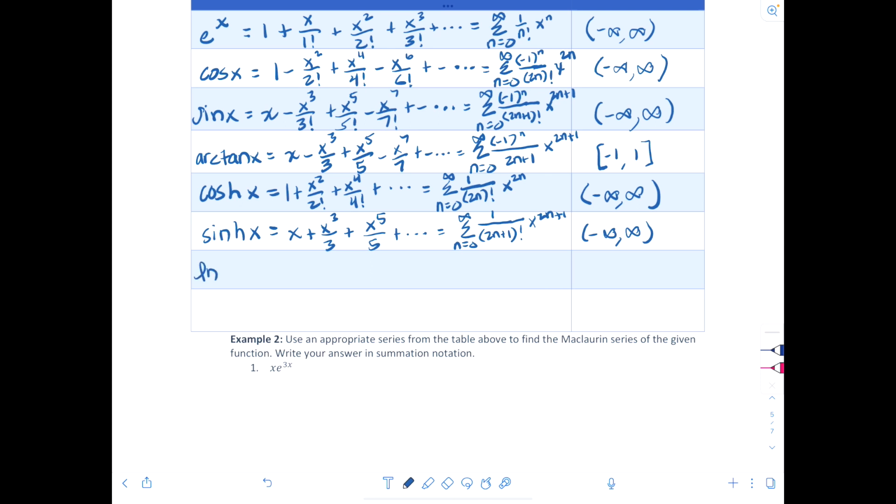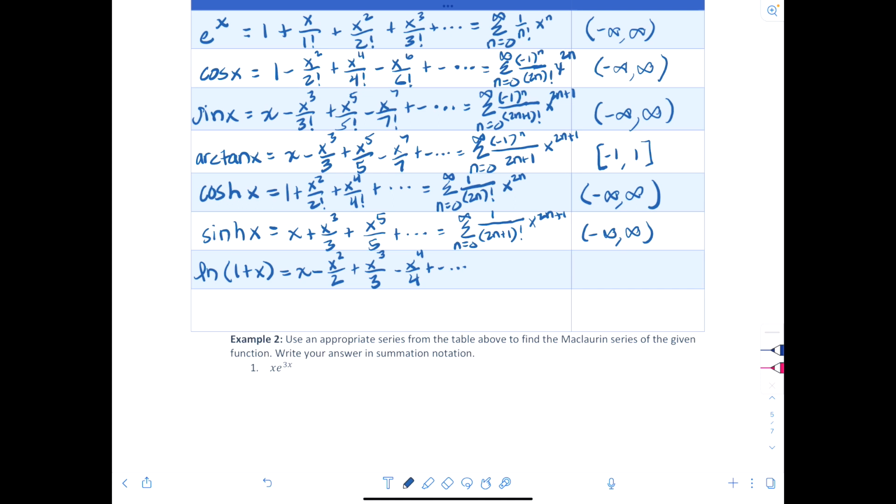So natural log of the quantity 1 plus x is equal to x minus x squared over 2 plus x cubed over 3 minus x to the 4th over 4 plus minus dot dot dot.